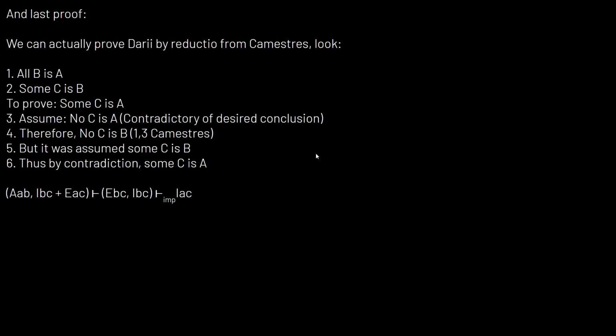Alright, last proof. We can actually prove Darii, which is one of the first figure perfect syllogisms, by reductio from Cesare. Look here. So it goes like this.